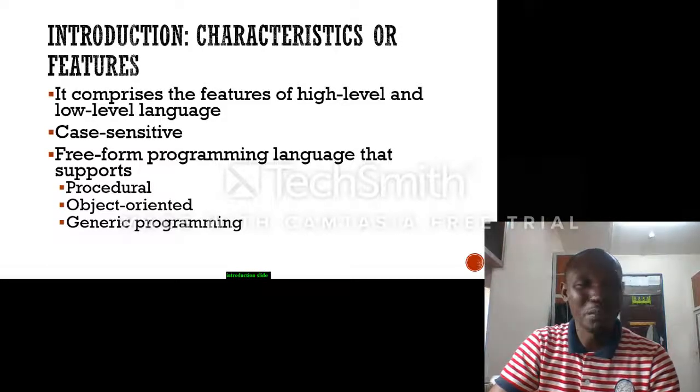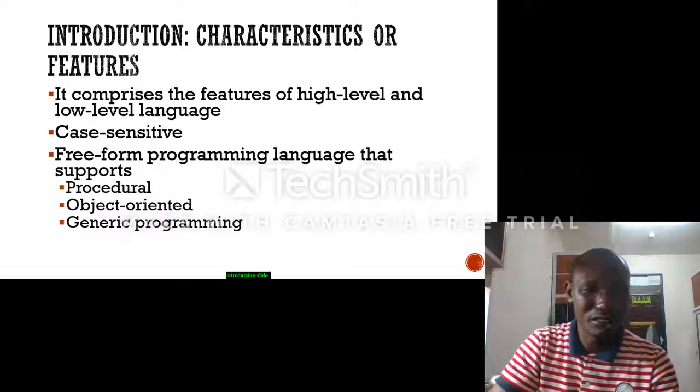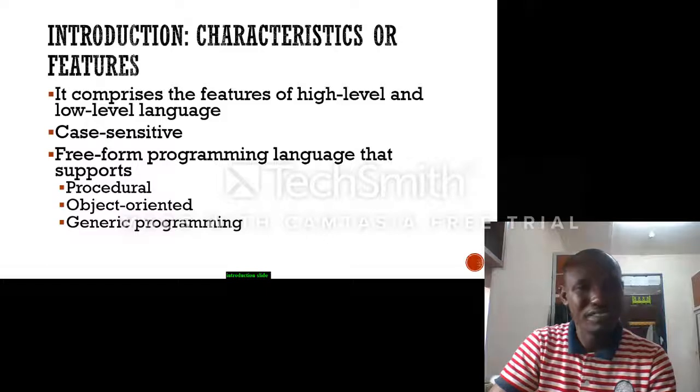That's the beauty of C++. It has both the features of the high-level language as well as the low-level language. One other thing is that C++ is case sensitive. We'll be seeing much on case sensitivity when we start the course. And of course, it's a free form programming language that supports procedural, object-oriented, and generic programming.